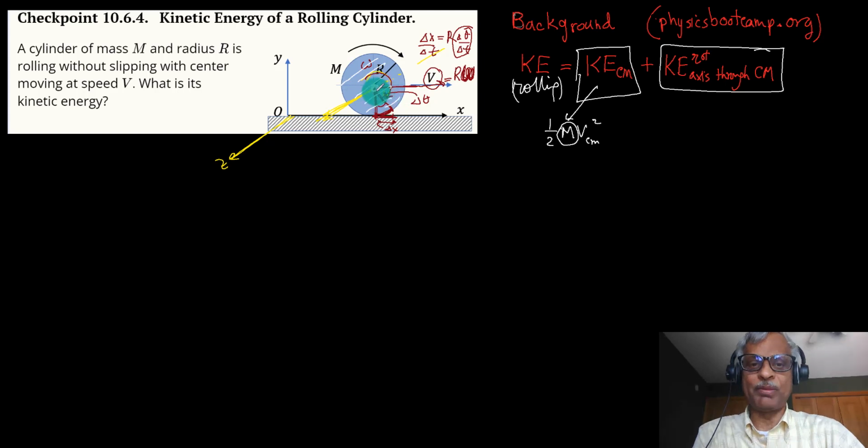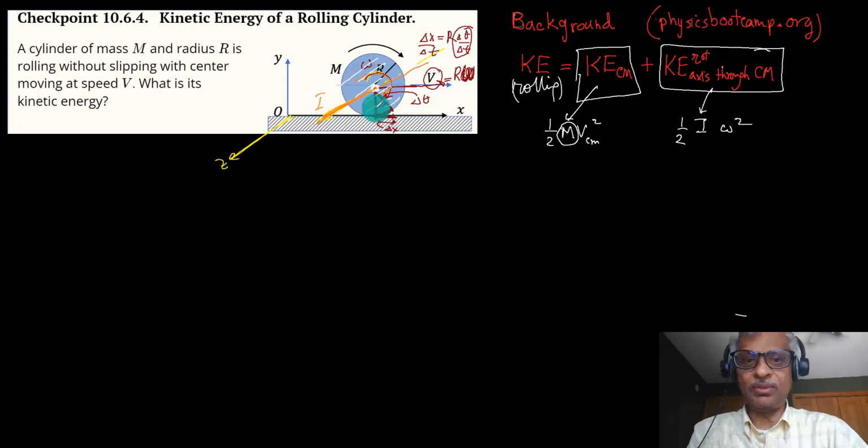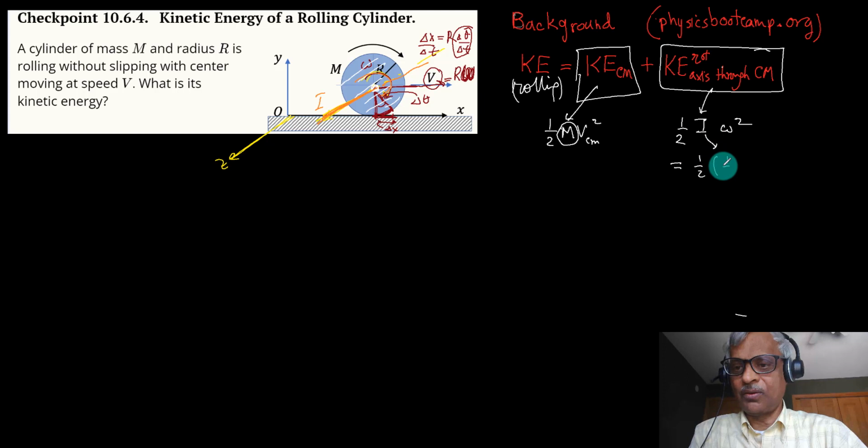And this other one has to do with the distributed mass. It will be equal to one half I omega squared, for rotation about this axis, where I is the moment of inertia. And the I for this axis is one half m r squared.